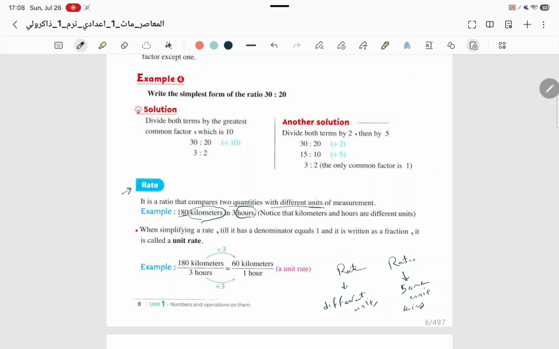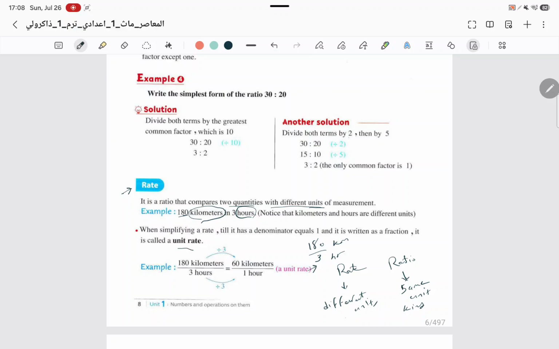Okay, how can we simplify the rate? If we have, for example, 180 over 3, and this is kilometers, this is hours, how can we simplify this? He said here, simplifying the rate, it has the denominator, which is 3 here, equal to 1, and it's written as a fraction.